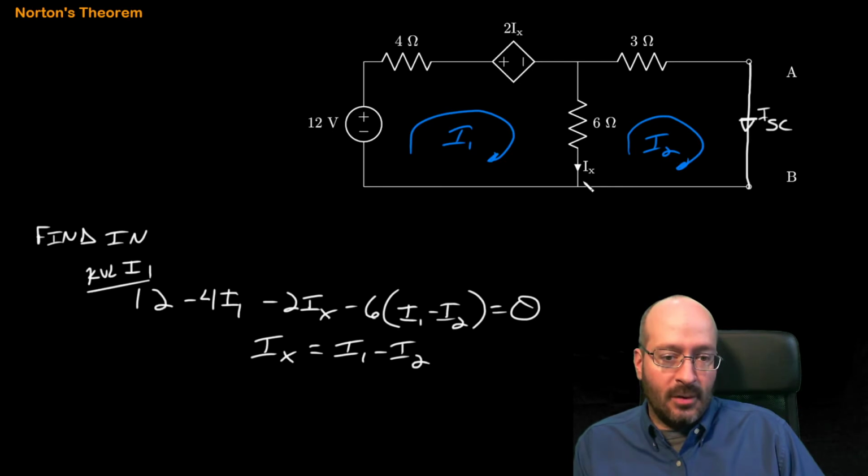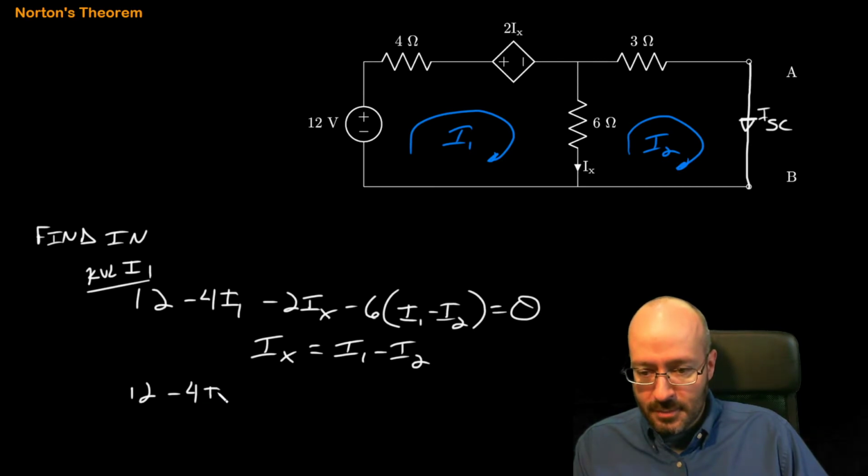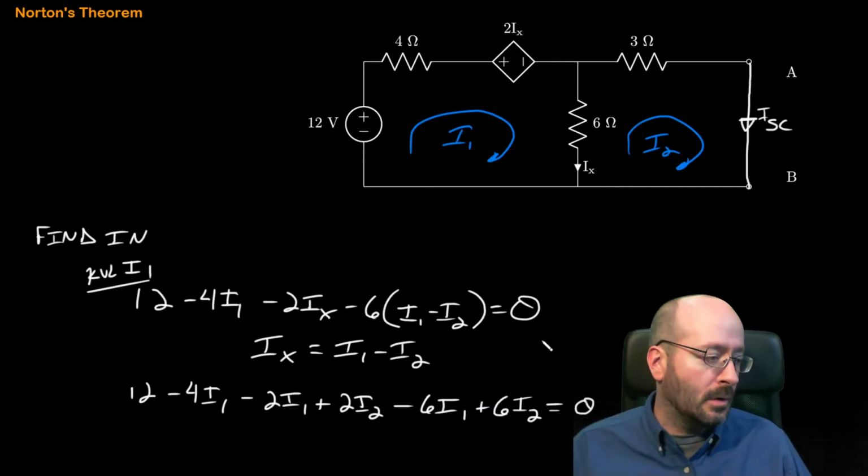It looks like it's I1 minus I2. We can plug that in and do some distribution: negative 2I1 plus 2I2 minus 6I1 plus 6I2, and that's equal to 0.